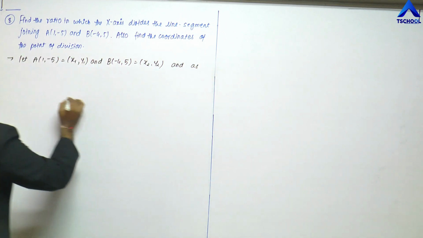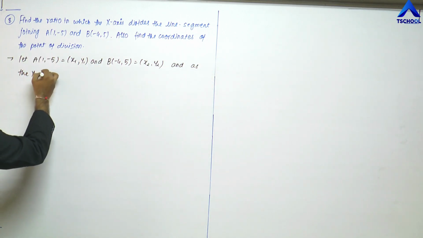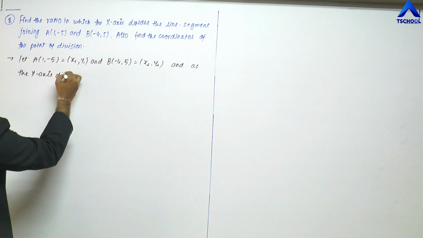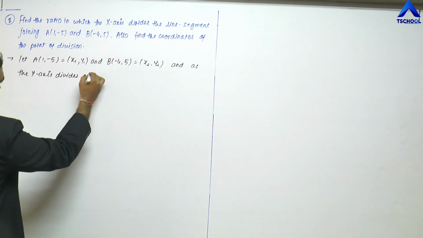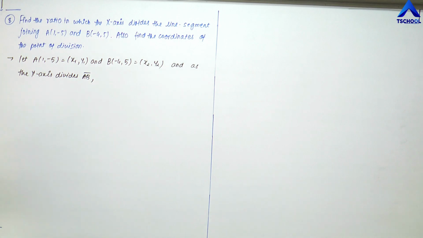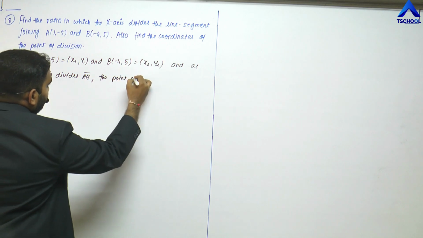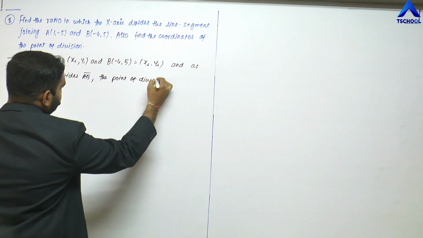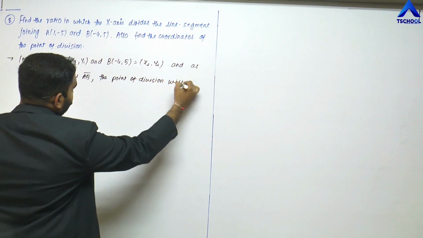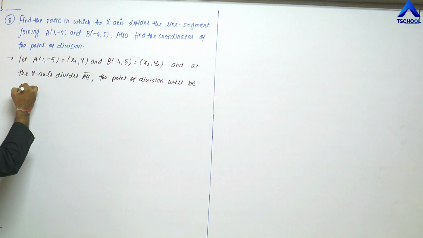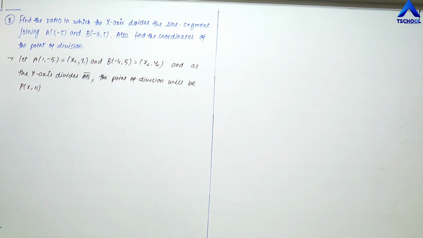as the x-axis divides line segment AB, the point of division will be P x comma 0, because on the x-axis we will have its y coordinate 0, right?